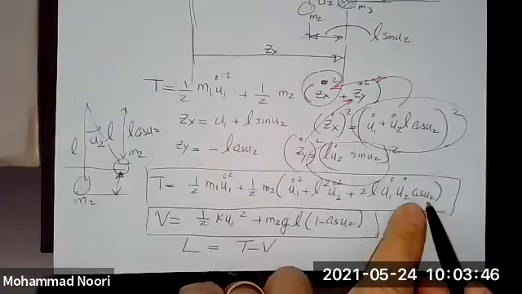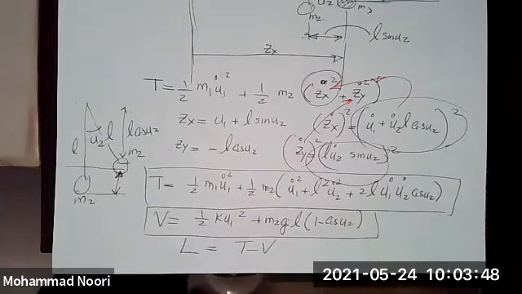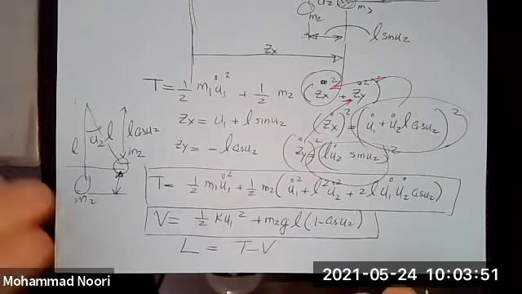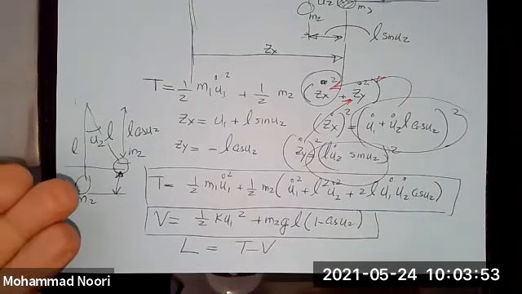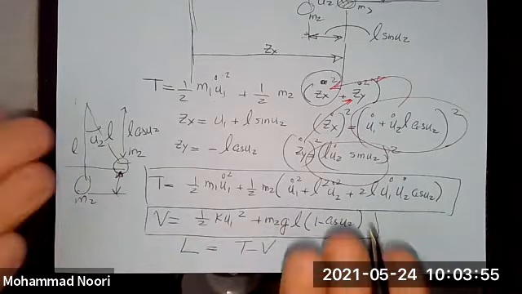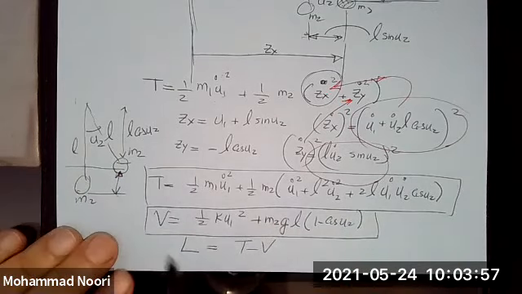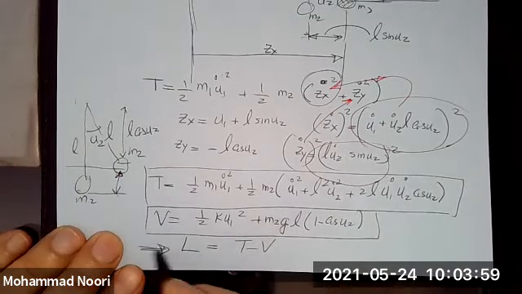We have a cosine term, we have the product of these, so we have a nonlinear equation. The general form of the equation of motion can be derived using Lagrangian.